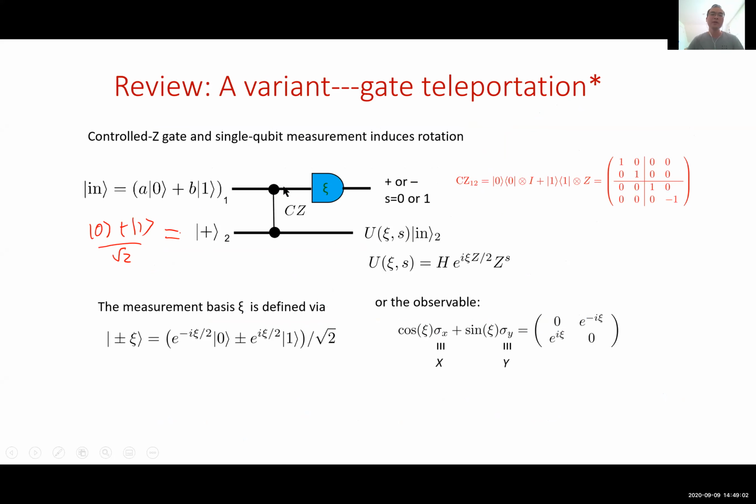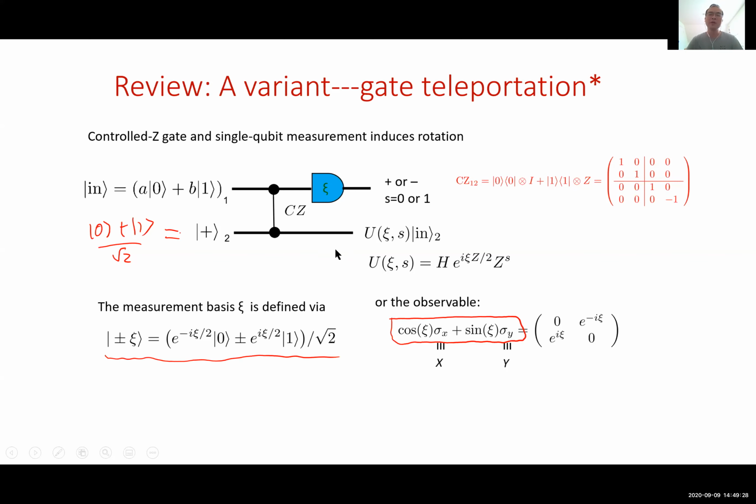And I apply the control Z gate between the two. Then I measure in some arbitrary basis defined by this observable. And their eigenstates are these two. So the outcome can be the plus, which I use as equal to 0, or minus. In this case, I use 1 to denote the outcome.